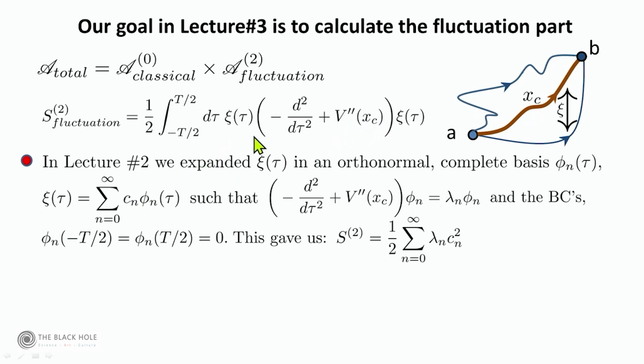Now, this is an operator which will have eigenfunctions. We're going to call those eigenfunctions phi n. So that operator acts on phi n, gives us the eigenvalue back, that eigenfunction. And the boundary conditions are just what I told you, that at minus t over 2, and remember that t is going to be a very large number, phi n at minus t over 2 and phi n at plus t over 2 are both 0.